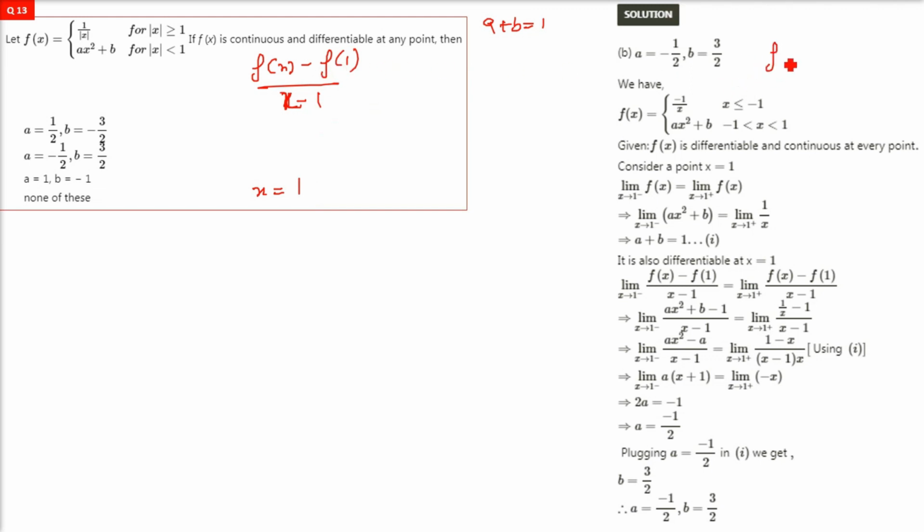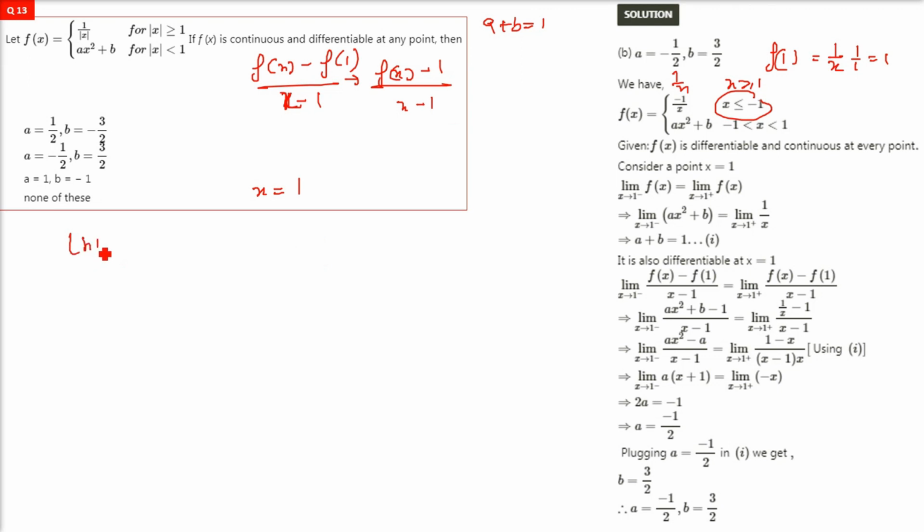Please remember, I told you the equality also. It was 1 by x, so if you replace x by 1, it will be 1 by 1, that is 1. So in place of f(1), we are going to put 1. So f(x) minus 1 divided by x minus 1 is the simplified version we are going to use.